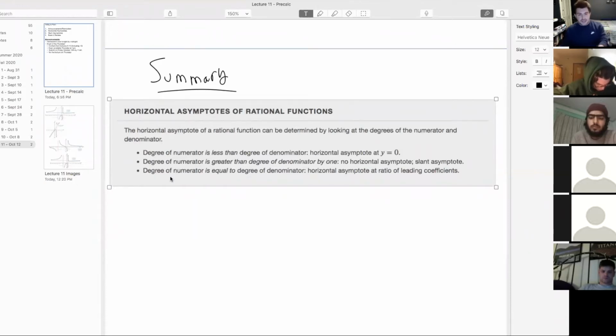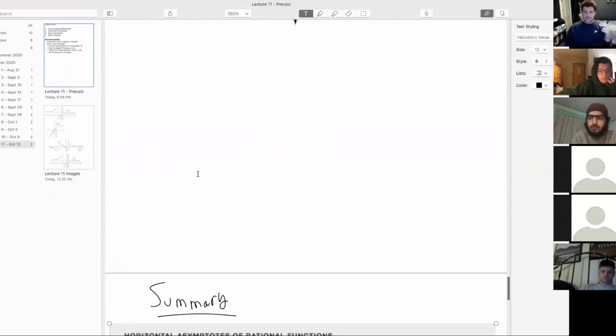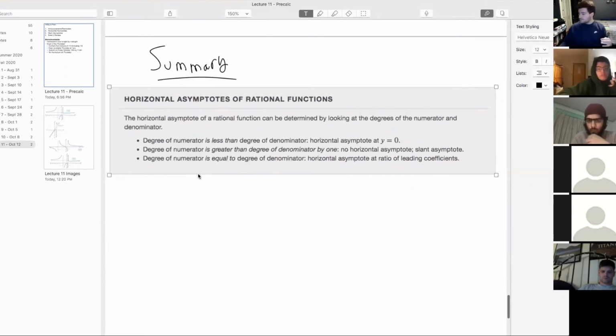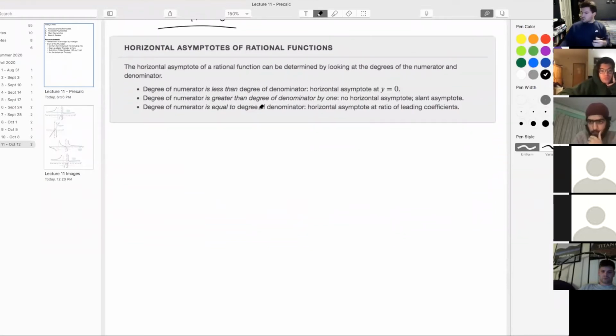And in the last one, if the degree of the numerator is equal to the degree of the denominator, you get a horizontal asymptote at the ratio of the leading coefficients. So there's a nice little summary of cases 1, 2, and 3. That's all. Very cool. Now we're going to do some practice examples, and that will finish this. So, examples.